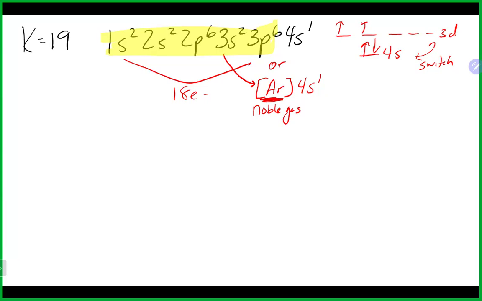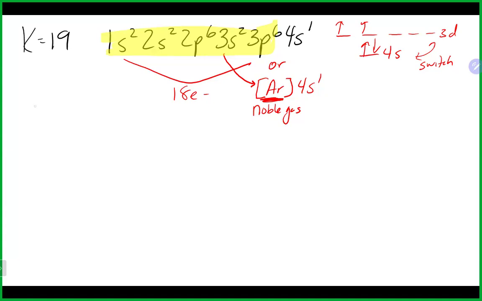So here, argon, potassium's over there, and argon comes before. For example, if we were doing zinc, we would also back up to argon. If we were doing aluminum, you would back up to neon.